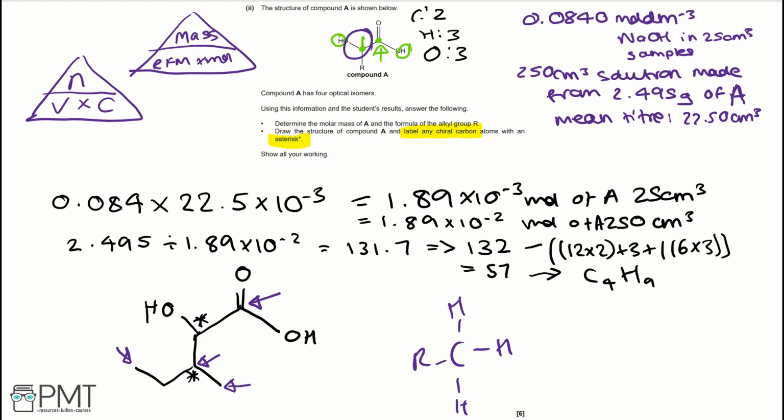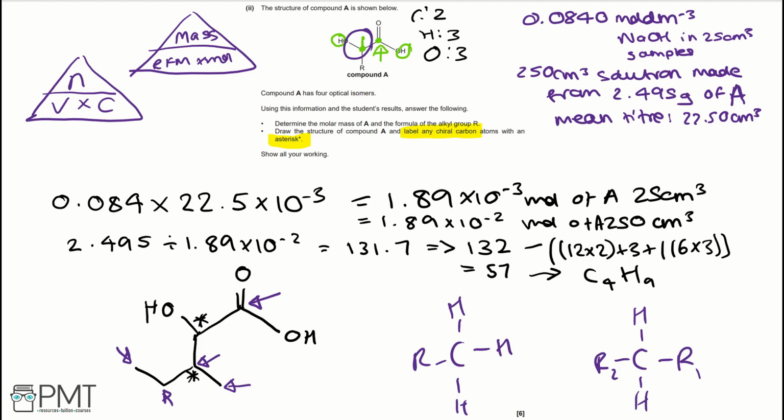Even though the R group's different, we've got 3 hydrogens, they're all the same, so it can't be a chiral center. Similarly here, we would have 2 hydrogens, with 2 different R groups but 2 hydrogens, meaning this carbon also cannot be a chiral carbon atom.